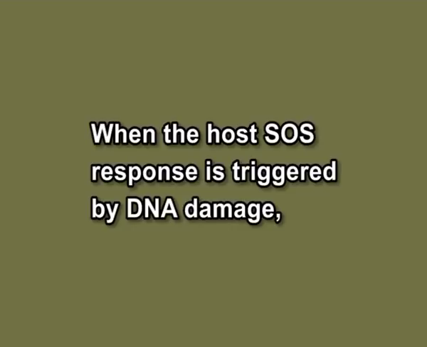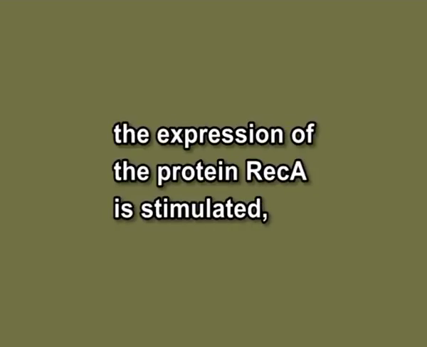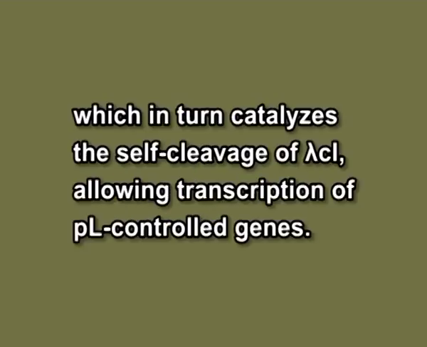When the host SOS response is triggered by DNA damage, the expression of the protein RecA is stimulated, which in turn catalyzes the self-cleavage of lambda CI, allowing transcription of PL-controlled genes. This mechanism is used in expression vectors containing the PL promoter.